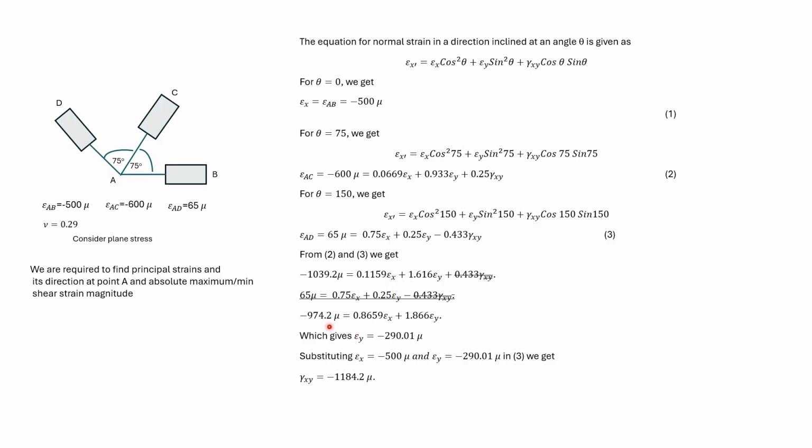We then get a relation of epsilon x and epsilon y. We already know epsilon x, so we can find out epsilon y. Substituting epsilon x and epsilon y in equation 3, we find out gamma xy.